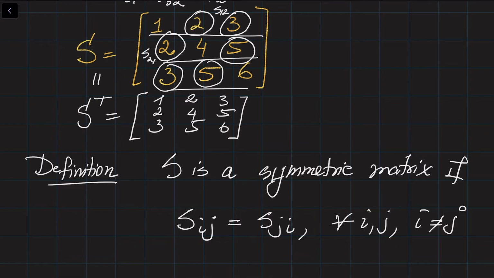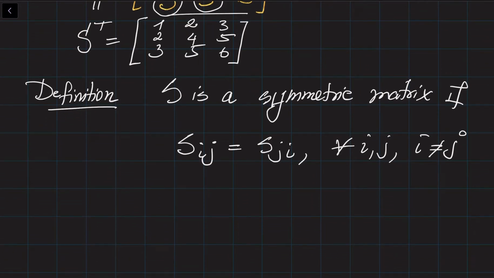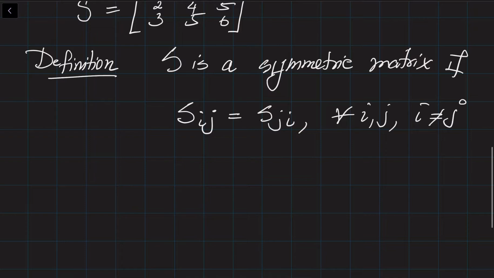So this is the definition of the symmetric matrix. And how we can identify the symmetric matrix is by taking the transpose of the matrix S and equating this to S. If they are equal, that means that it is symmetric.